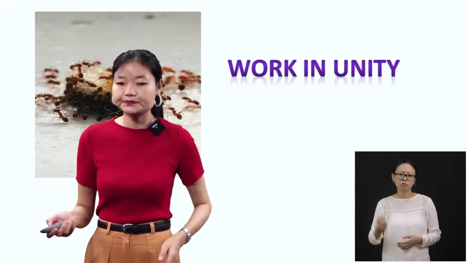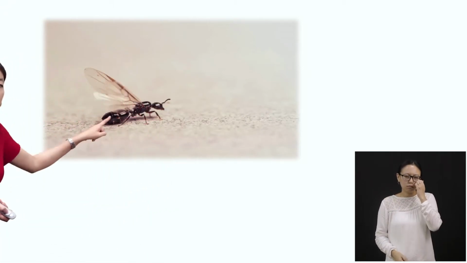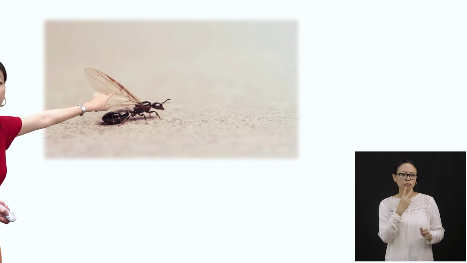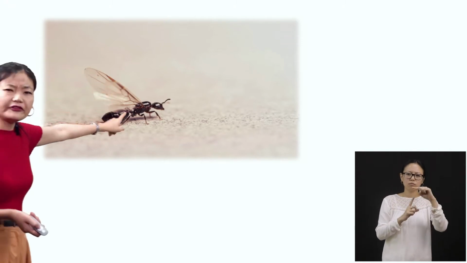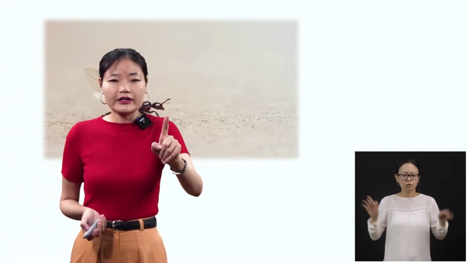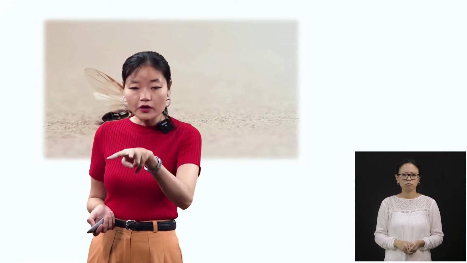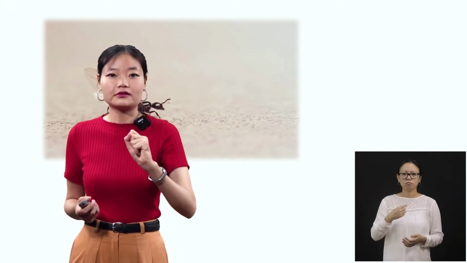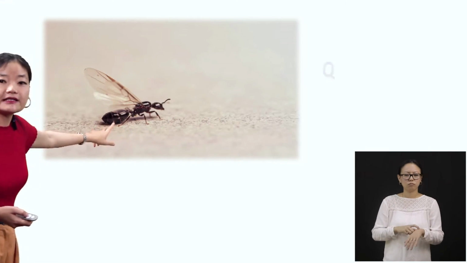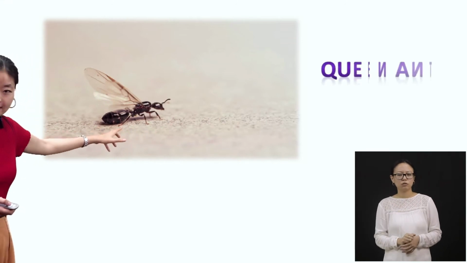All right, now you can see this. This is an ant, but you can see the wing, right? Have you ever seen an ant with wings? Ever? I have seen once. How about you? This is what is called the queen ant.